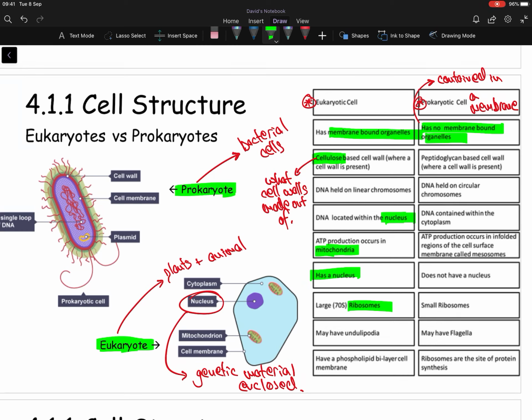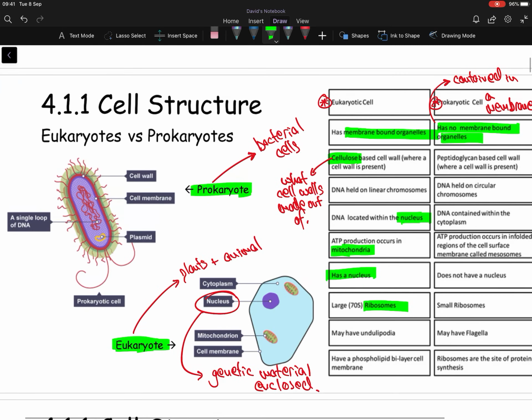Now, the differences in terms of prokaryotes and bacteria: instead of having a nucleus, their genetic material is often held in a single free loop of DNA.